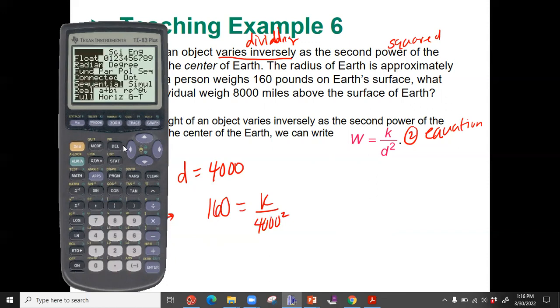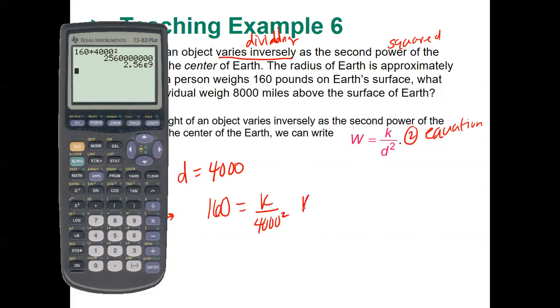I'm going to switch to scientific and see what it says. In scientific, it's 2.56 times 10 to the 9th. So the K value is 2.56 times 10 to the 9th power.